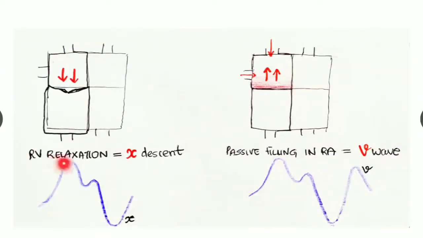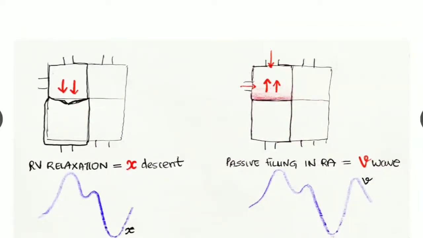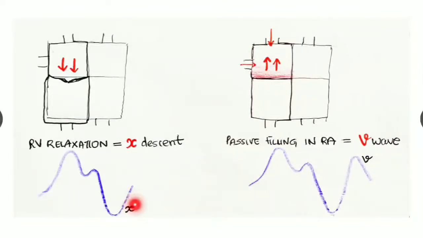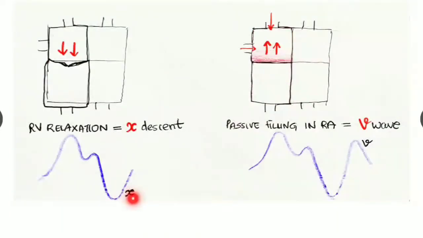Next is the right ventricular relaxation. The bulged tricuspid valve goes down due to decreased pressure in the right ventricle, and this causes decreased pressure in the right atrium, and that causes the X descent in the JVP. So the X descent is due to right ventricular relaxation followed by the tricuspid valve moving down.